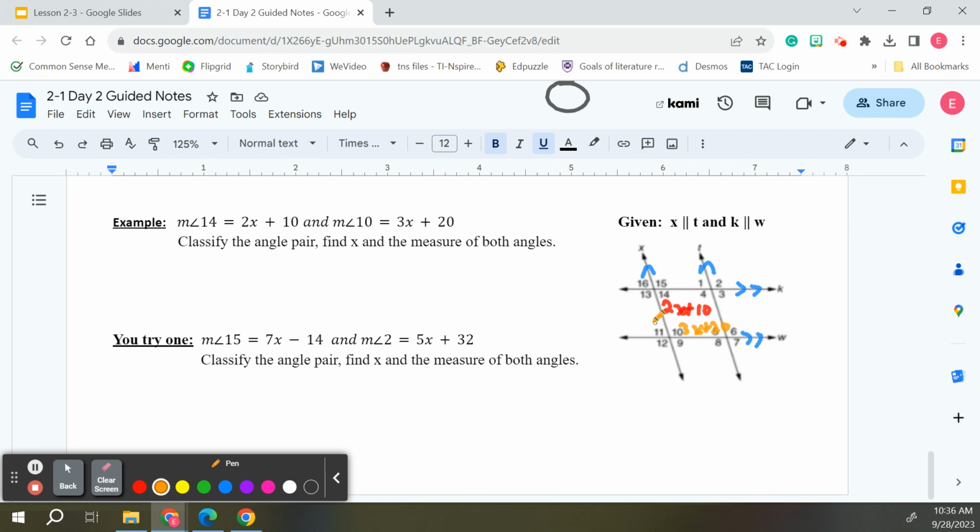What kind of angles do I have here? Alternate interior, alternate exterior, same side interior, or corresponding? They're supplementary, so these are same side interior.